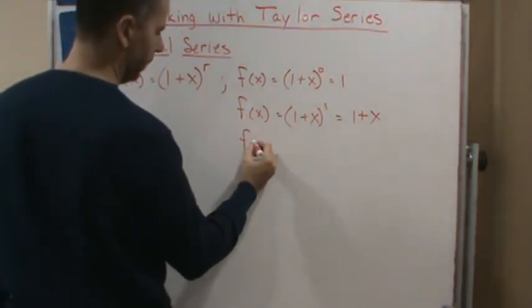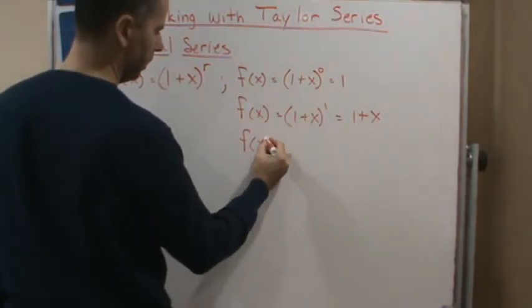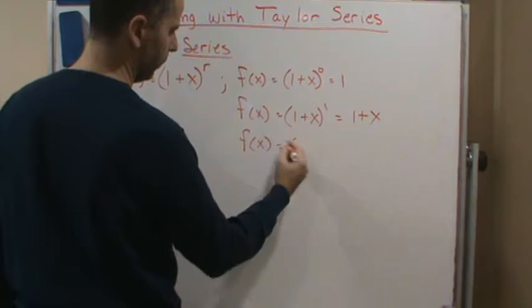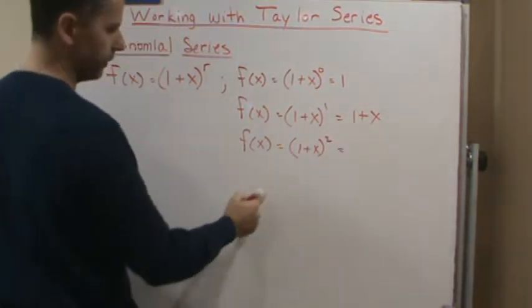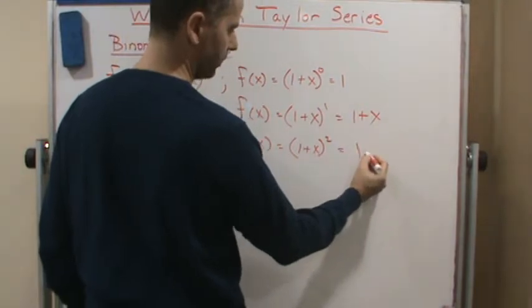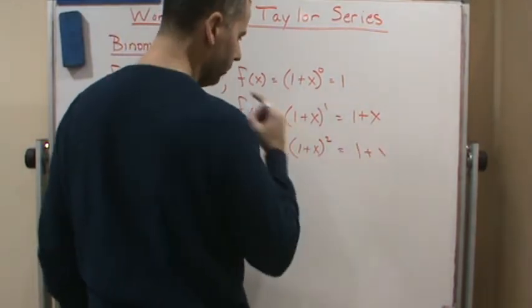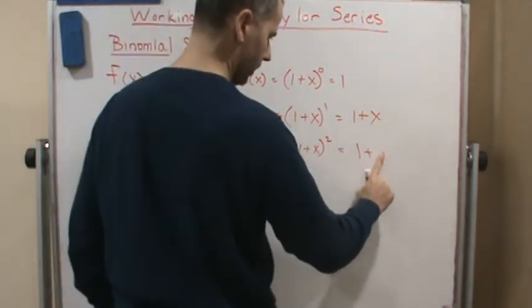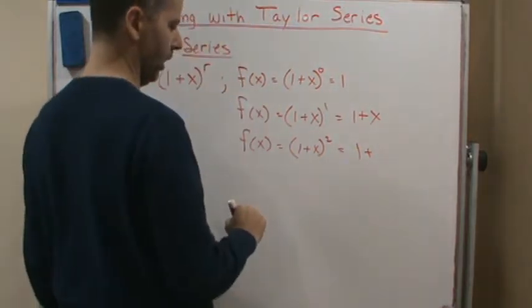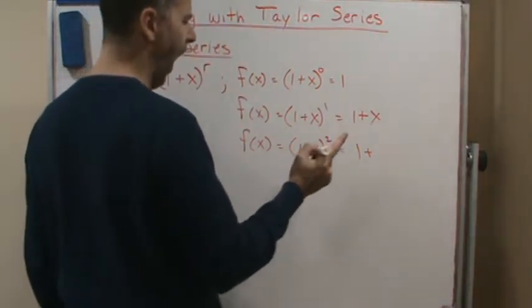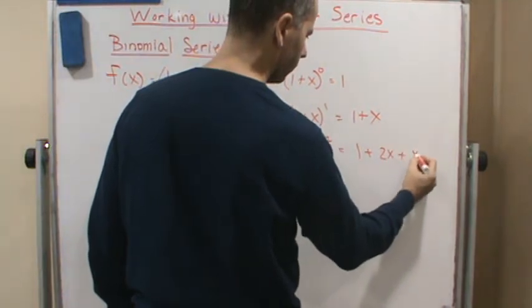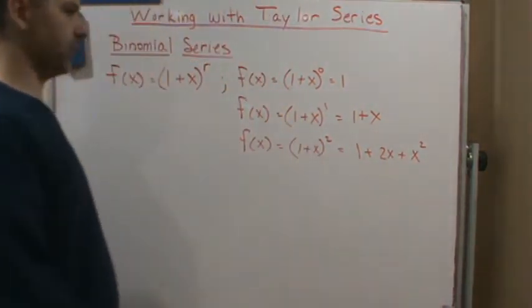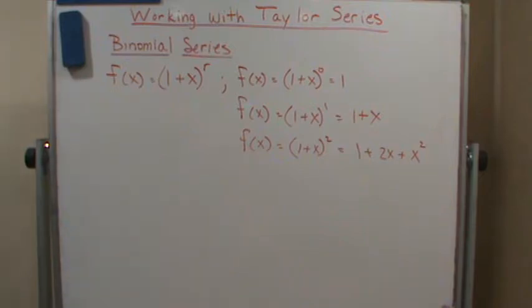And then if we keep going with different values of r, what's this going to give us? That's going to give us 1 plus 2x plus x squared, right?